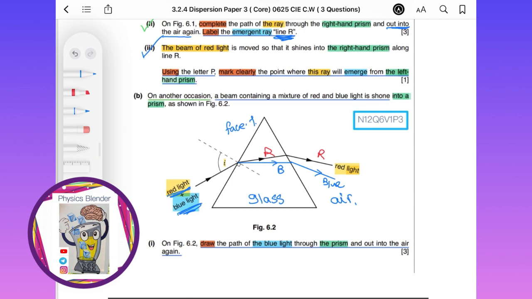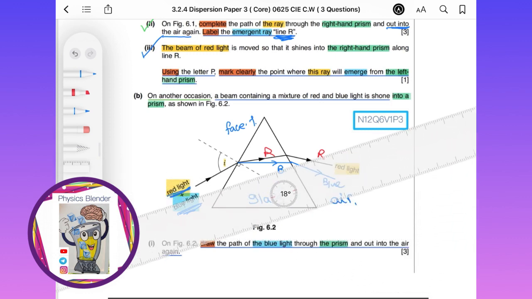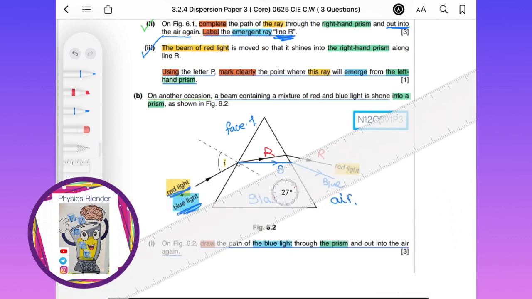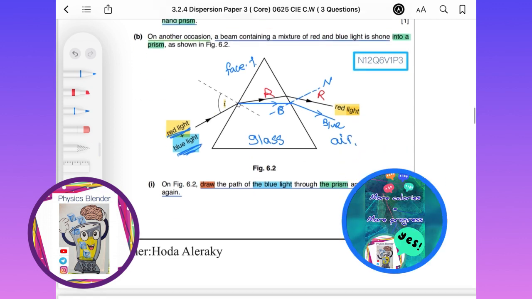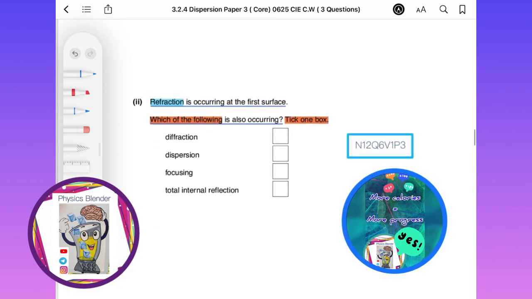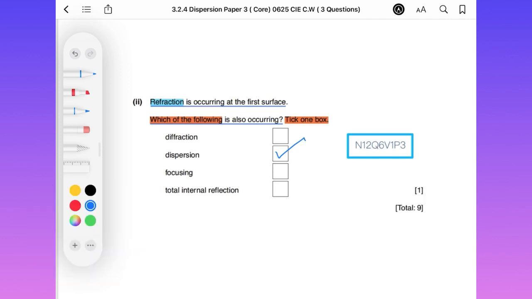While you draw, it is important to draw the normal line, so your answer will be clear. It will be refracted away from the normal. Next part: refraction is occurring at the first surface. Which of the following is also occurring? As we said, dispersion. Okay, so far so good.